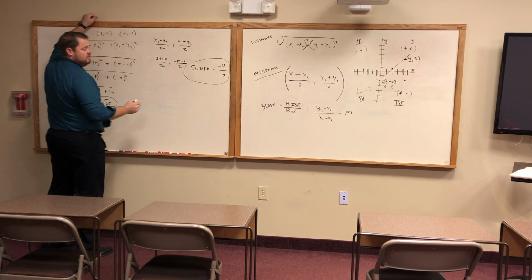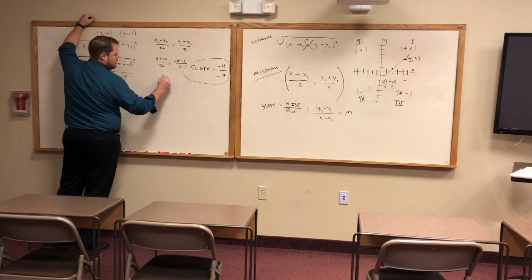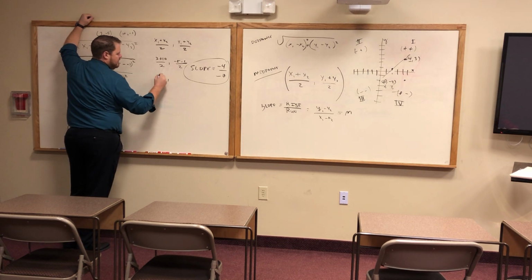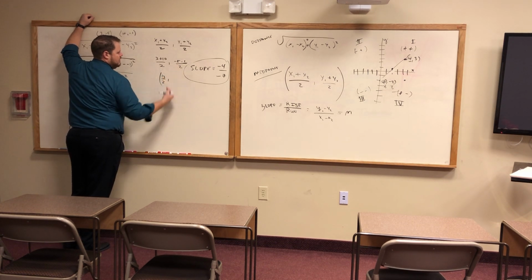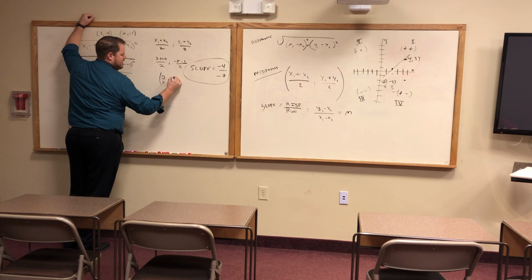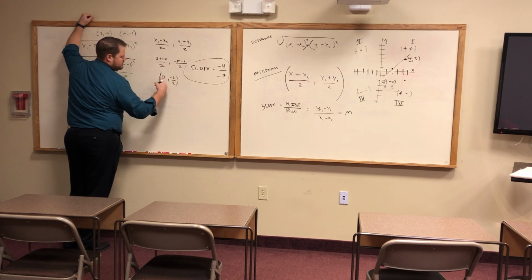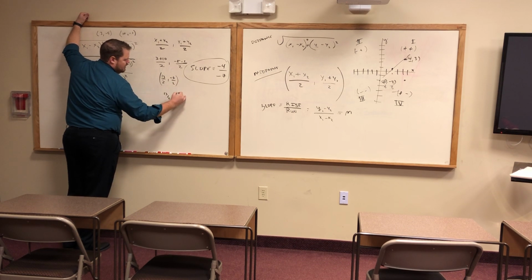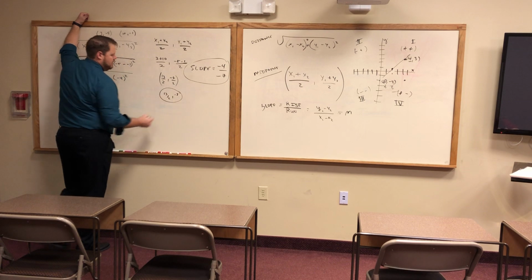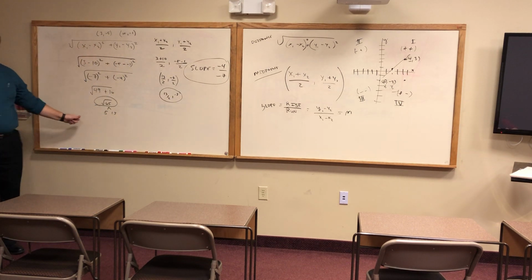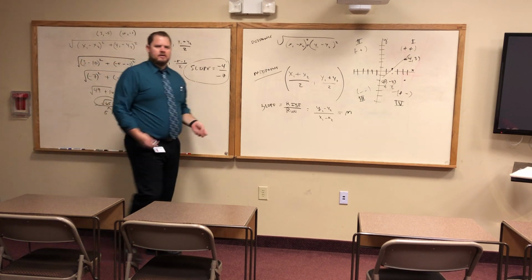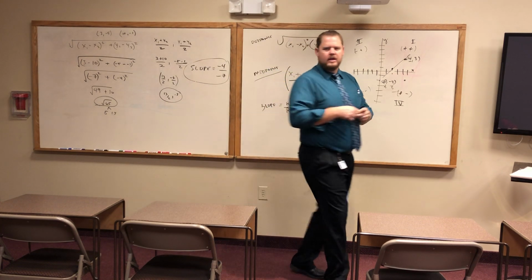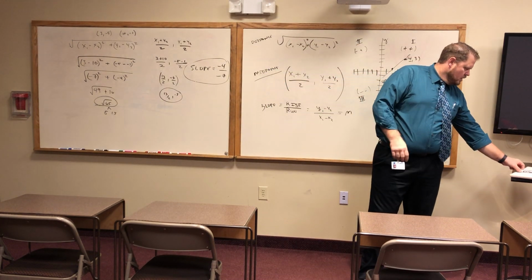So 3 plus 10 is 13. 13 halves, comma, negative 6 over 2, which is negative 3. Can I reduce these? Just one of them. 13 halves and negative 3. Okay, so we just solved for all 3 of them, and you're done. Any questions? Are we good?